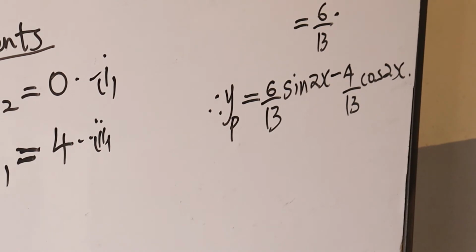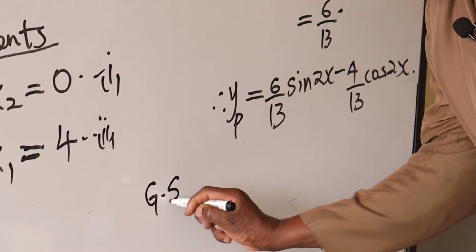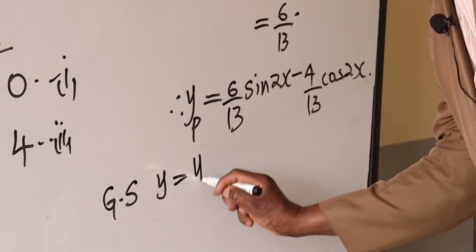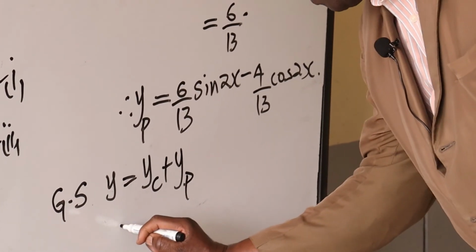That is our yp. Therefore, the general solution, y will be equal to yc plus yp, which will be equal to what?